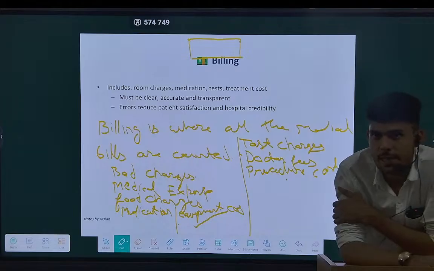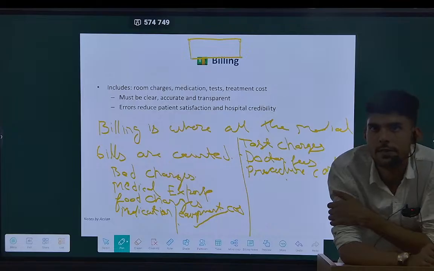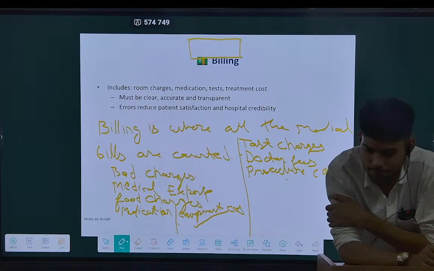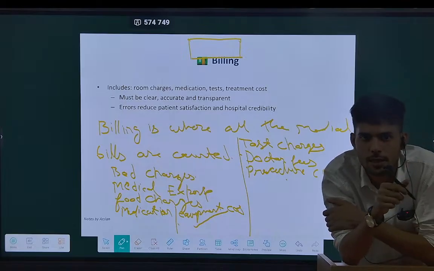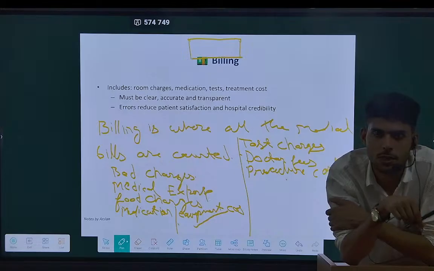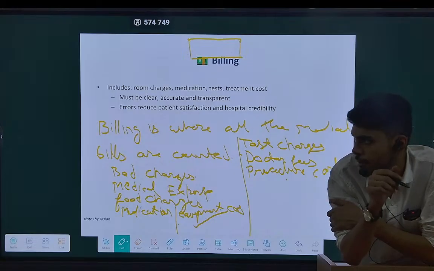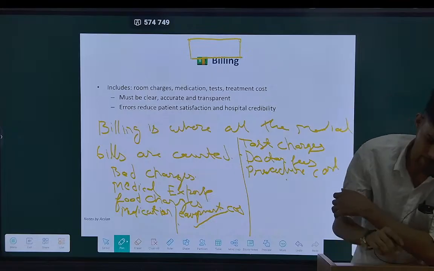Bed charges, test charges, doctor fees, all the medicines which are consumed by the patient, injection charges, procedure cost, all the fees, even the water which they use for the injection will also be counted in the medical expenses, and in the final billing it will be there.